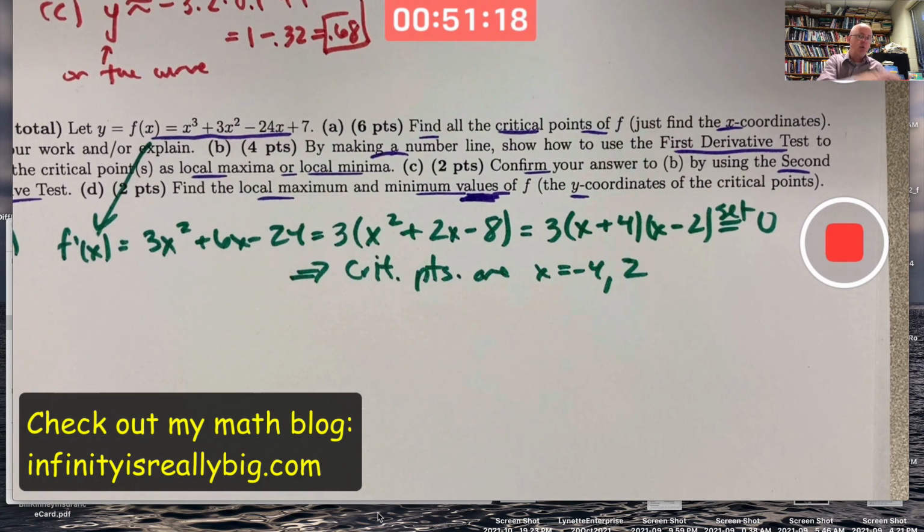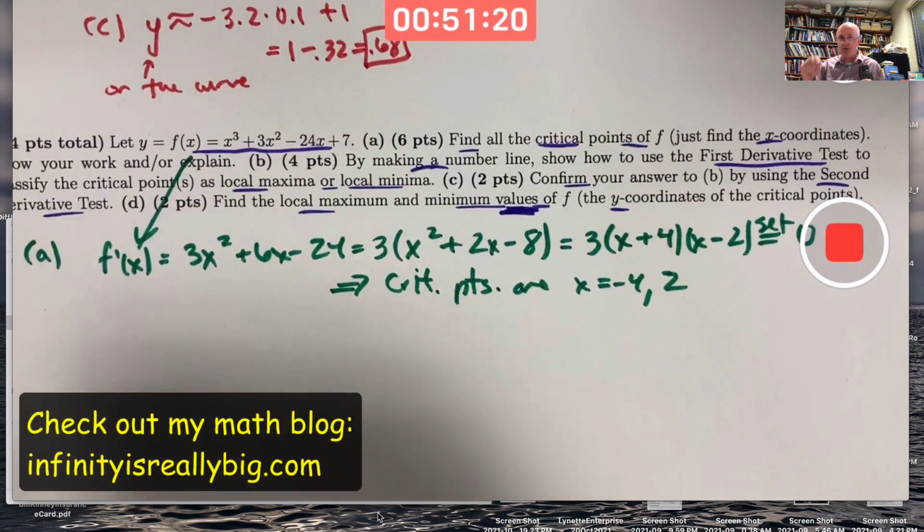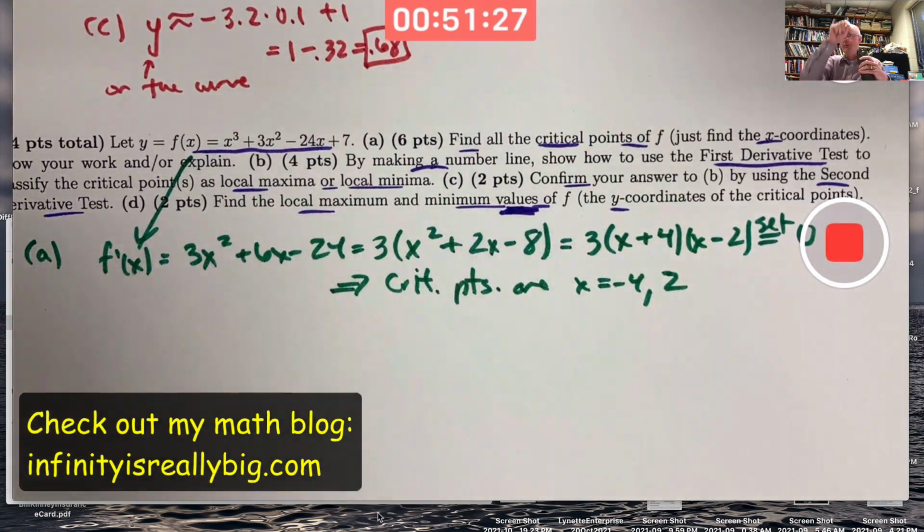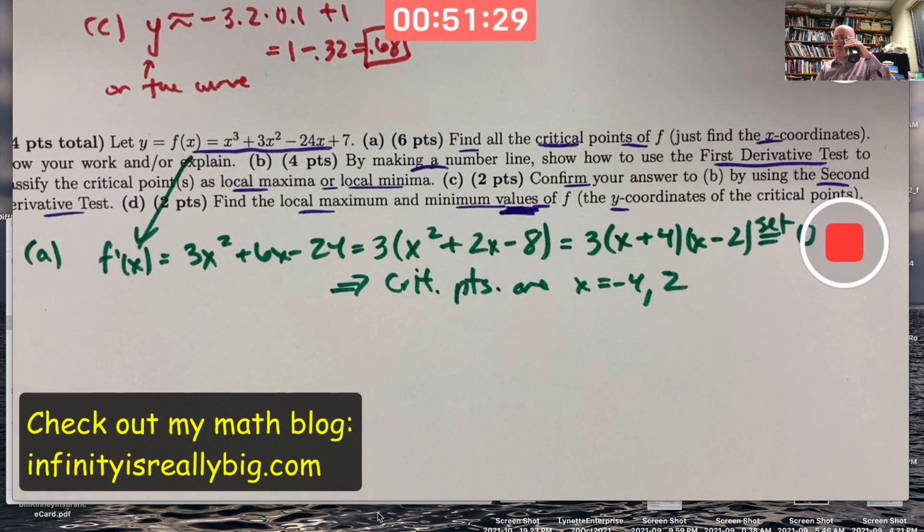Some books call the points on the graph where you have a local max or min, or maybe a point like x cubed at the origin, critical points, including their y coordinates. But here we're just after the x coordinates.